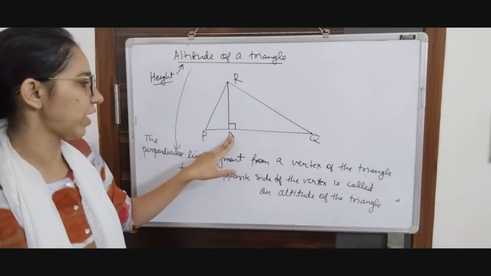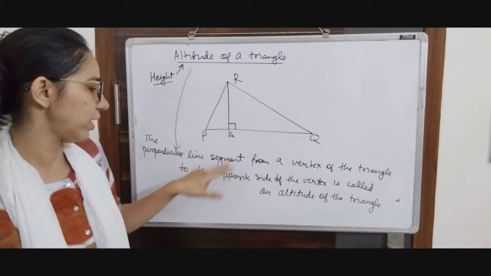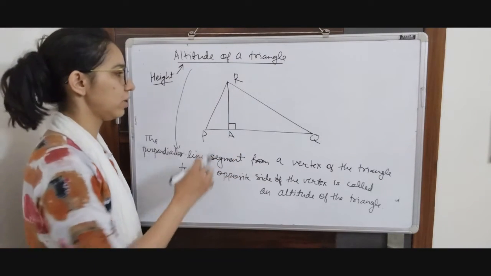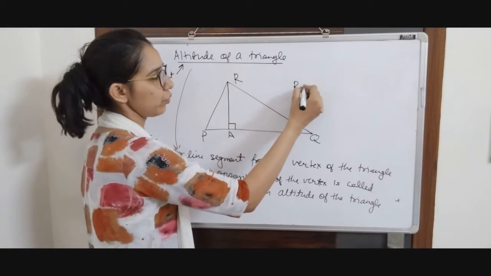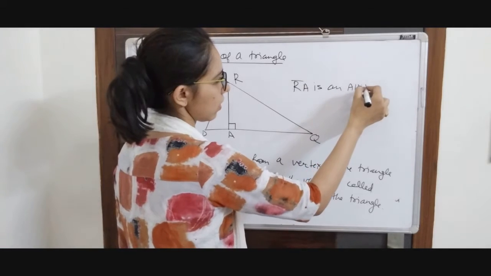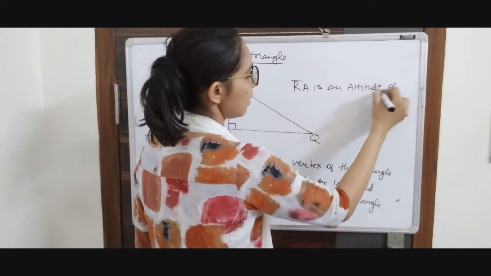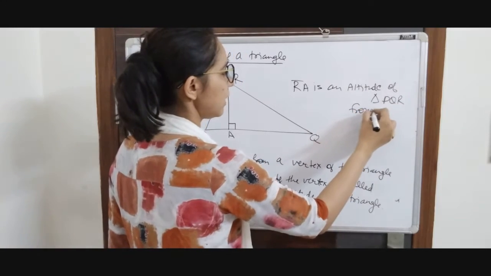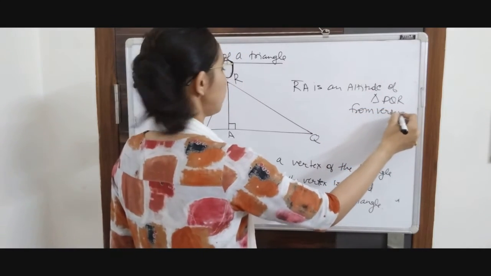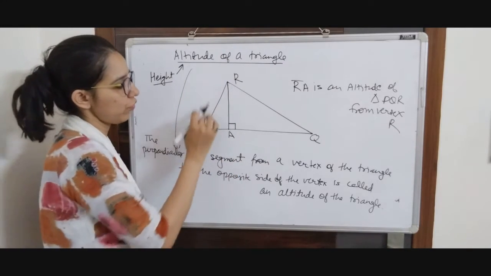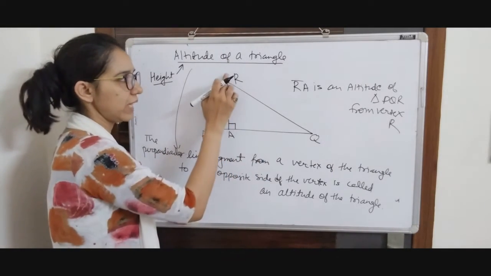This vertex's opposite side will be PQ. So it is going to be called the altitude of the triangle. So RA is an altitude of triangle PQR, and it is from vertex R.